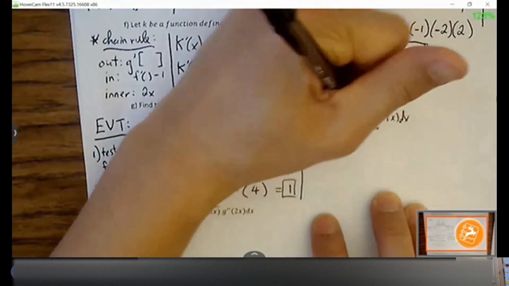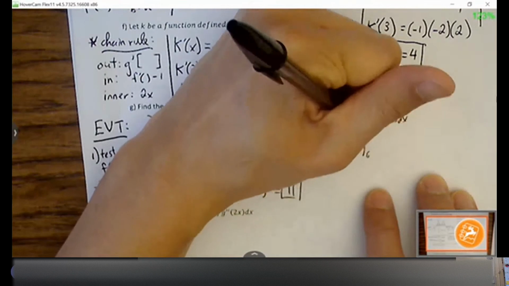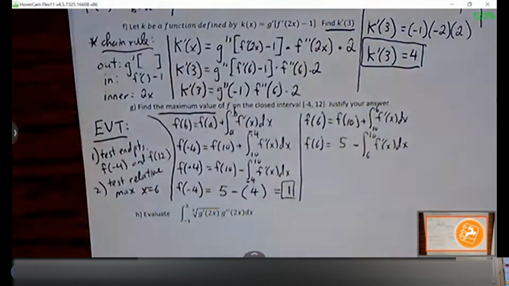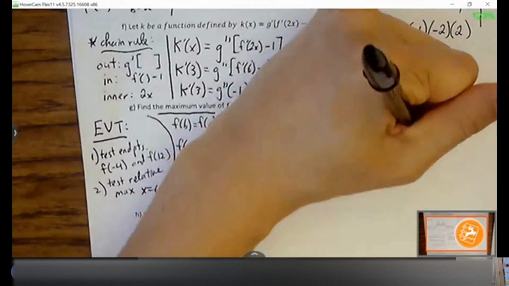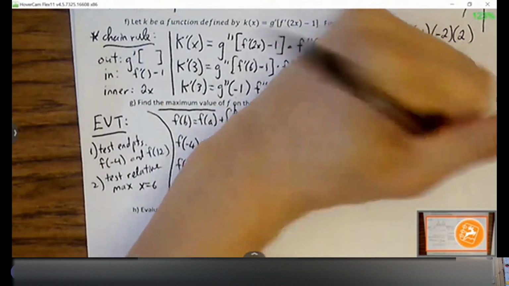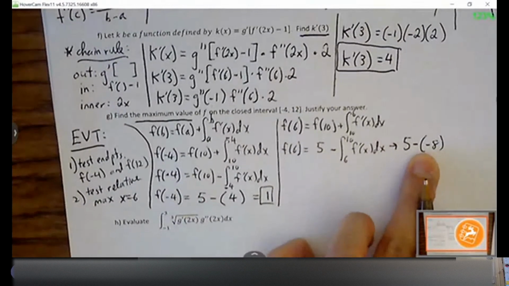And I still need to change the order of the bounds. From 6 to 10, it's only going to total to be -8.